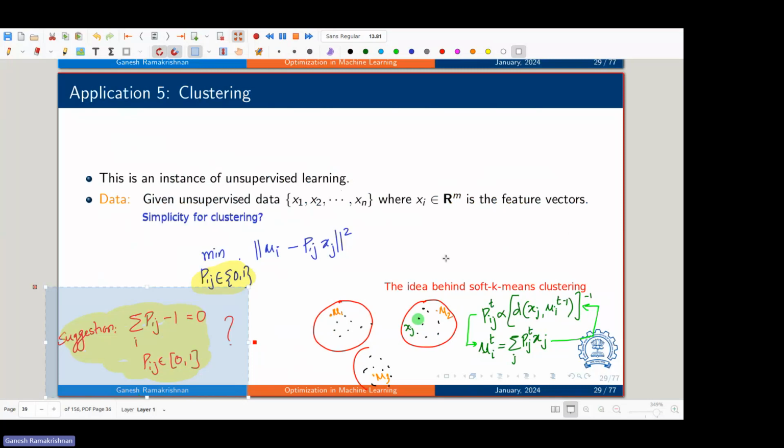So I've used this keyword soft K means, right? This is an example of soft K means. And this is hard K means.